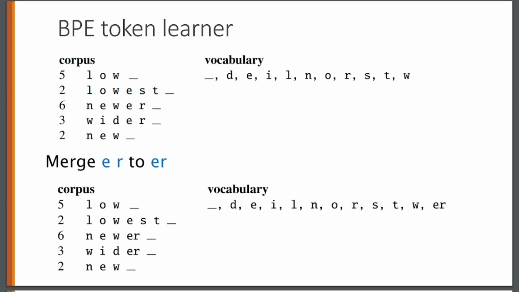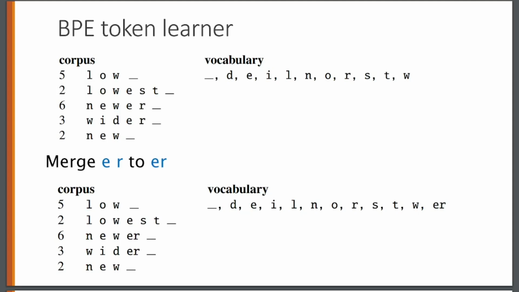Now let's think what would happen over some number of iterations. We've got 5 occurrences of low, 2 occurrences of lowest, 6 occurrences of newer, 3 occurrences of wider, and 2 occurrences of new. By observing, we see that little e and little r are the 2 characters most likely to appear adjacent to one another.